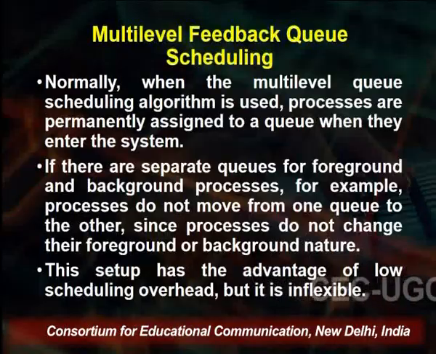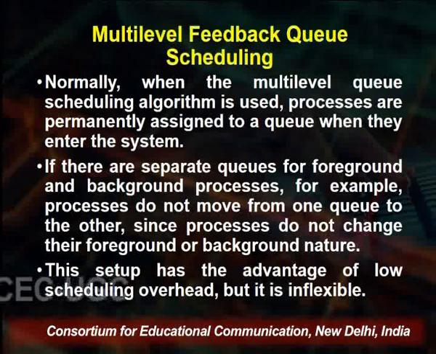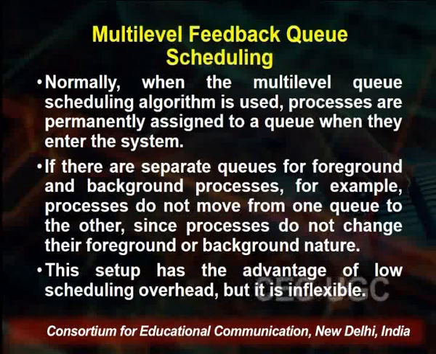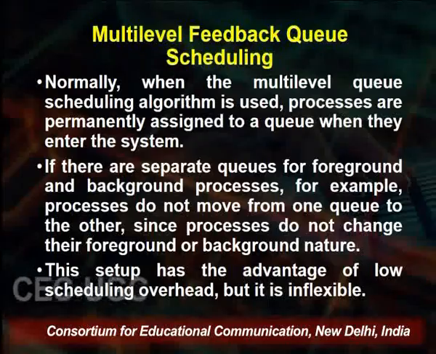But the main problem with multi-level queue scheduling is that the processes are assigned permanently to a queue. The processes cannot move between the queues, and for every process there is a fixed queue. So the process cannot enter another queue. Once it enters one queue, it will have to stay there. And processes cannot change their nature either, right?